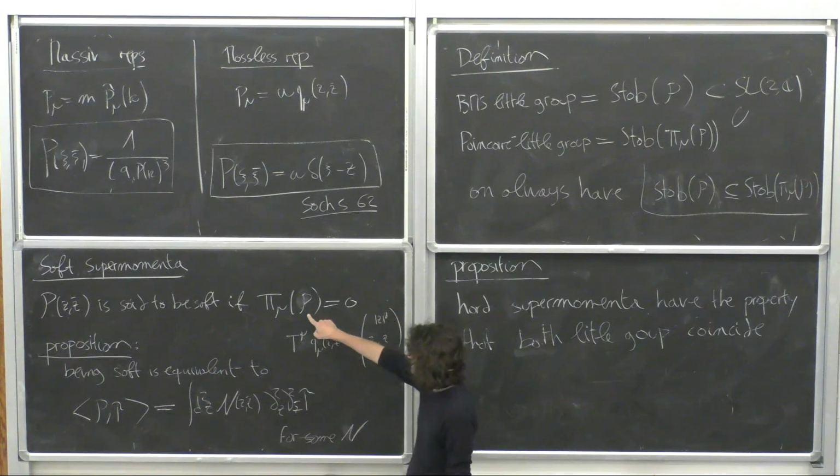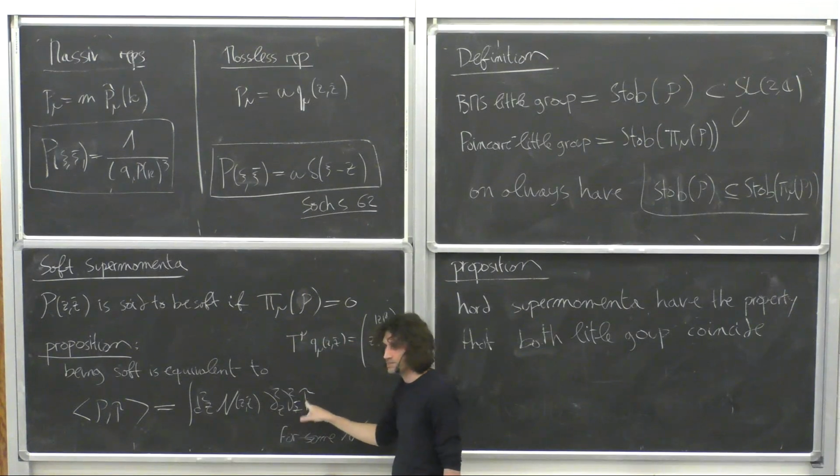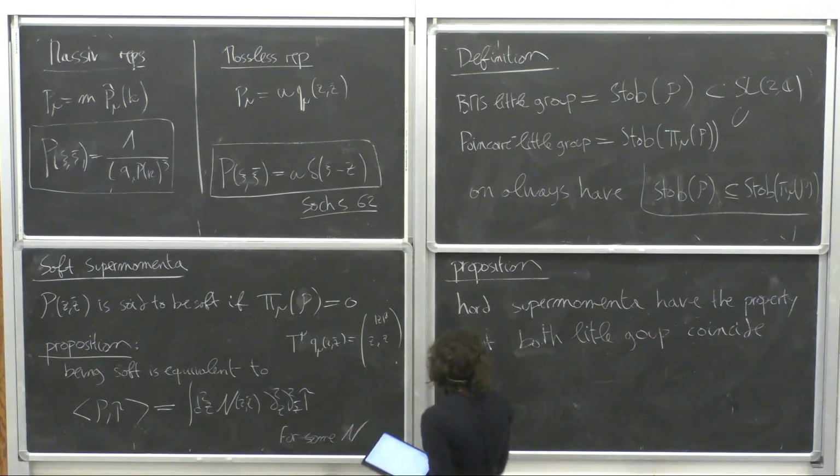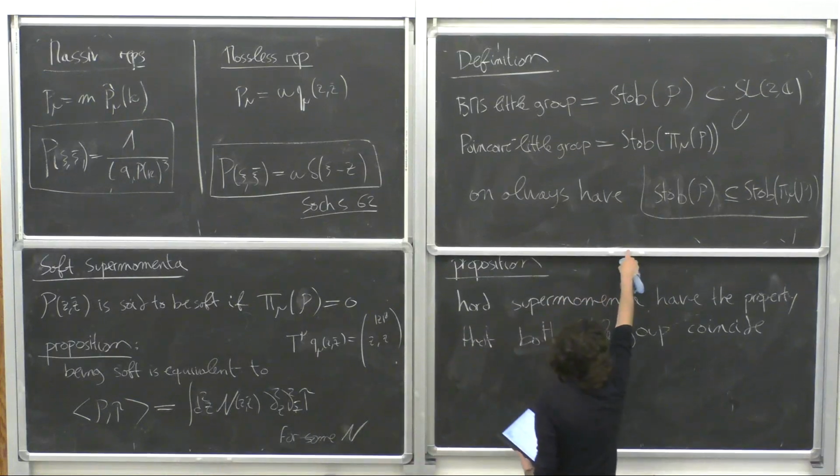Okay, but because it has zero momentum, this should be zero. The momentum is zero means exactly this, that it's annihilating translations. And therefore, because of this property, I'm going to write the following.